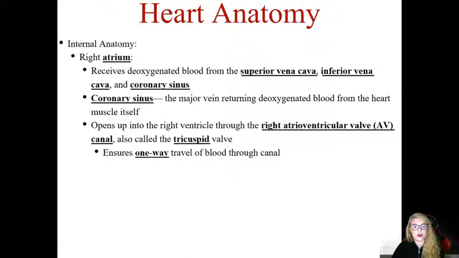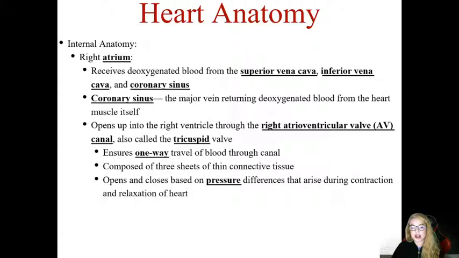You want it to flow and go where it needs to go properly. And it's composed of 3 sheets of thin connective tissue, and it opens and closes based on the pressure differences that arise during contraction and relaxation of your heart. Okay, so this valve is opening and closing continuously with different pumps and with different contractions and relaxations.